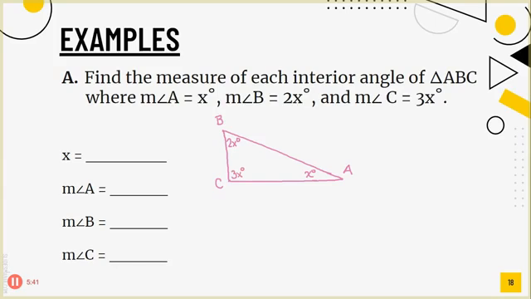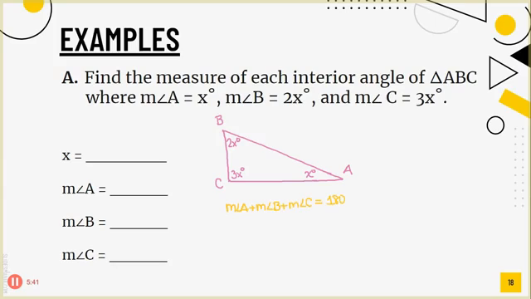And so what I've given you are the three interior angles. We know that the interior angles always add up to be 180 degrees, so that's exactly what we're going to do. The measure of angle A plus the measure of angle B plus the measure of angle C should always add up to be 180 degrees.